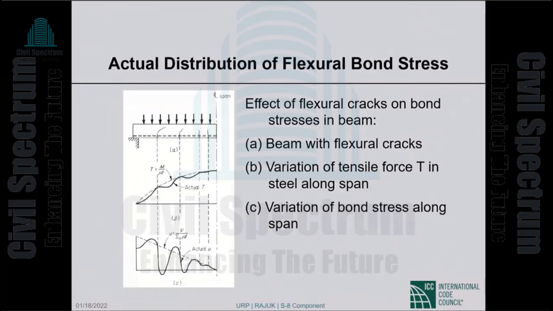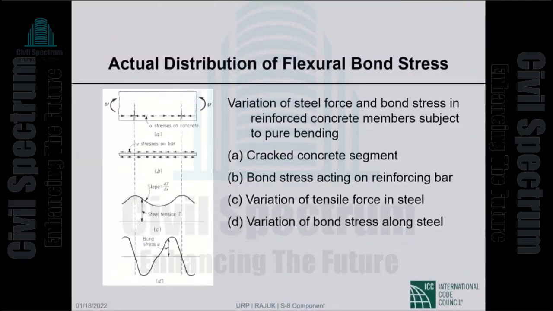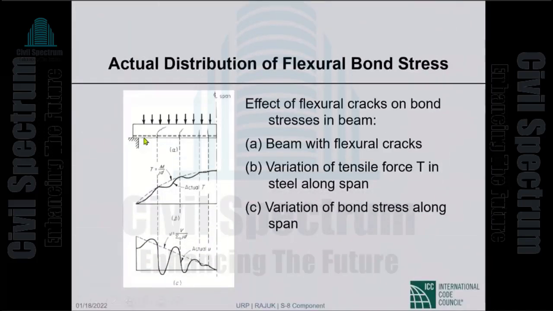Now, the effect of flexural cracks on bond stresses in beams. Now this was a beam segment. Here you are looking at what can also be called a beam segment, but this is half the beam. So this is the support, this is the loading.